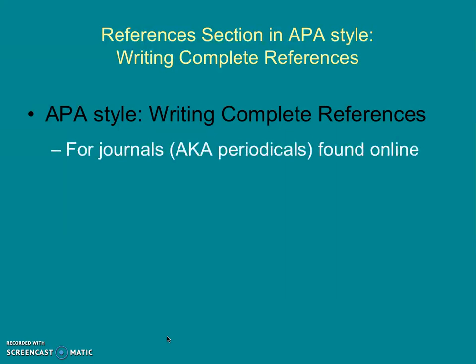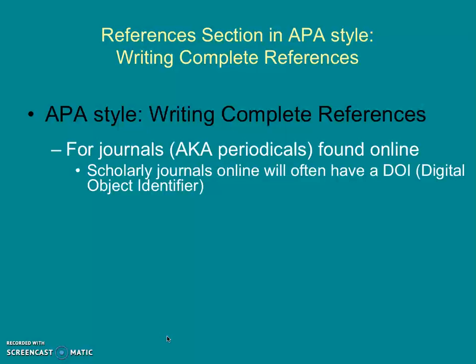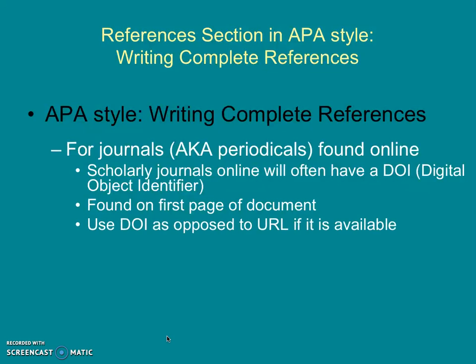So journals found online. There's this thing called a DOI, which is a Digital Object Identifier. And scholarly journals now almost always have them. They're located up in the right-hand corner of a scholarly journal on the first page. And you use that number instead of a URL if you're getting an article online, if they have it.